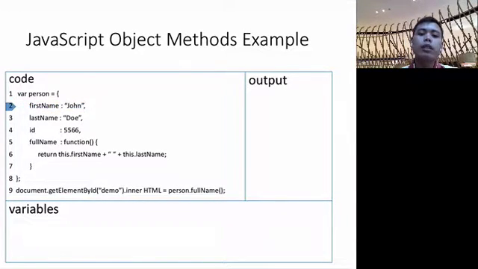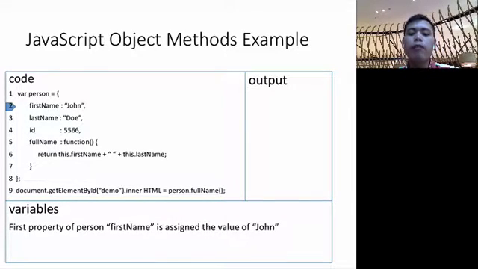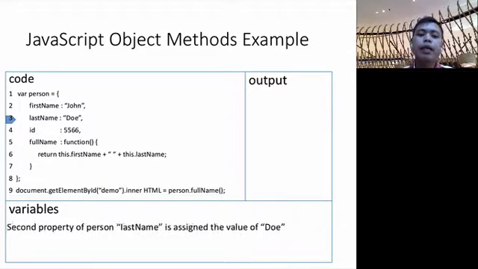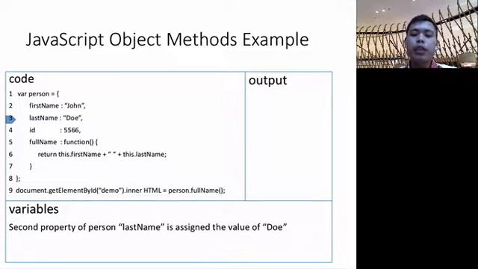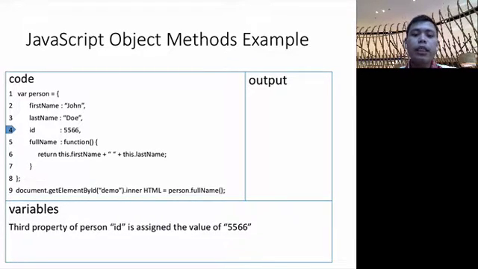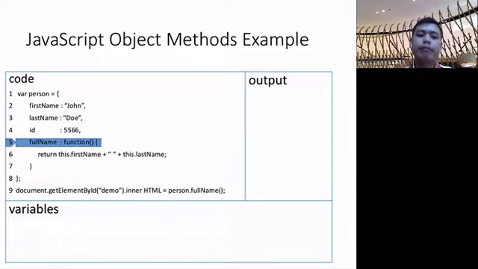In line 2, the first property of person, firstName, is assigned the value of John. On line 3, the second property, lastName, is assigned the value of Doe. In line 4, the third property, id, is assigned the value of 5566.